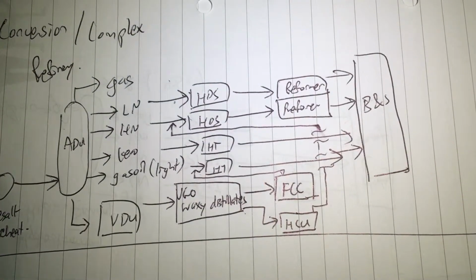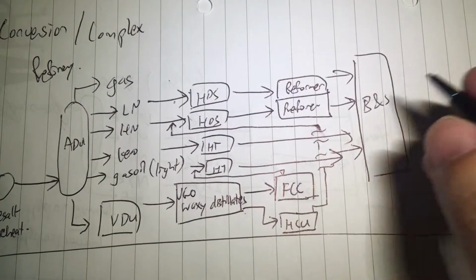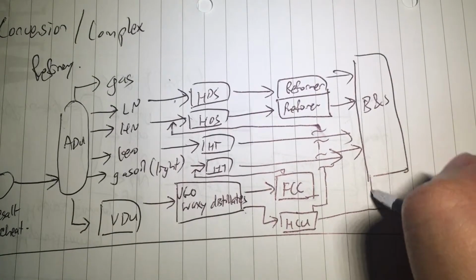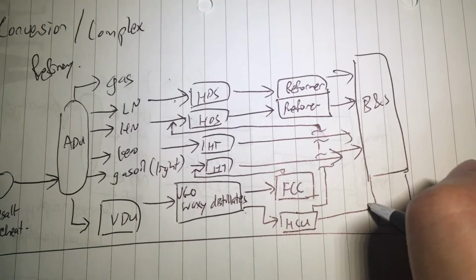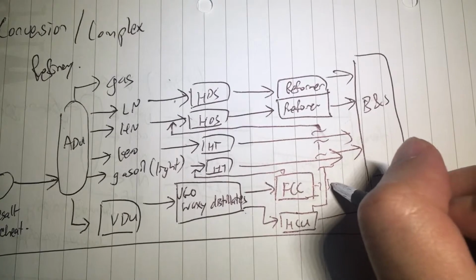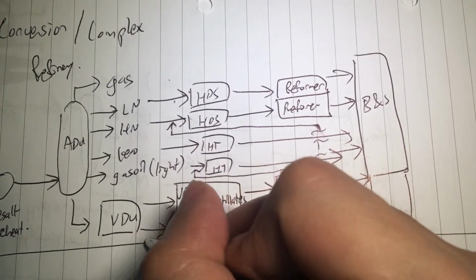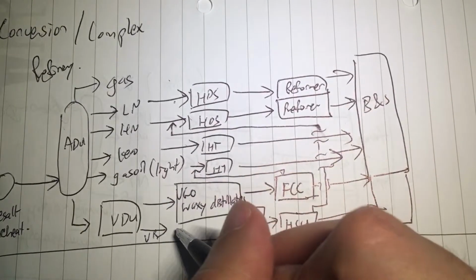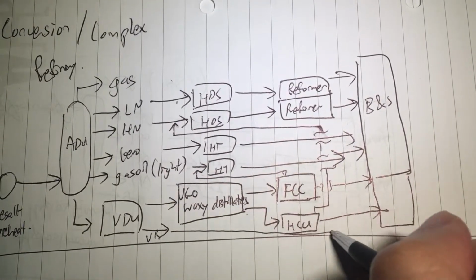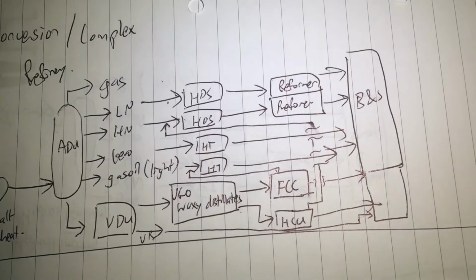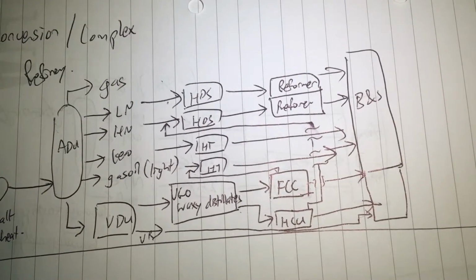So no problem there. Okay? So the rest of the stuff, if it's okay for sale, it goes into blending and storage. So again, accordingly, the vacuum residue will go straight into blending and storage. There's no visbreaking there whatsoever.